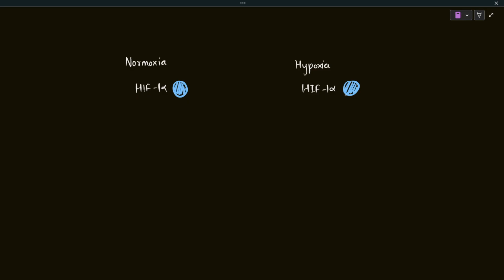Okay, so what happens in normoxia, on this HIF-1 alpha work the PHD enzymes, the hydroxylase enzymes, and they do the hydroxylation of the HIF-1 alpha.